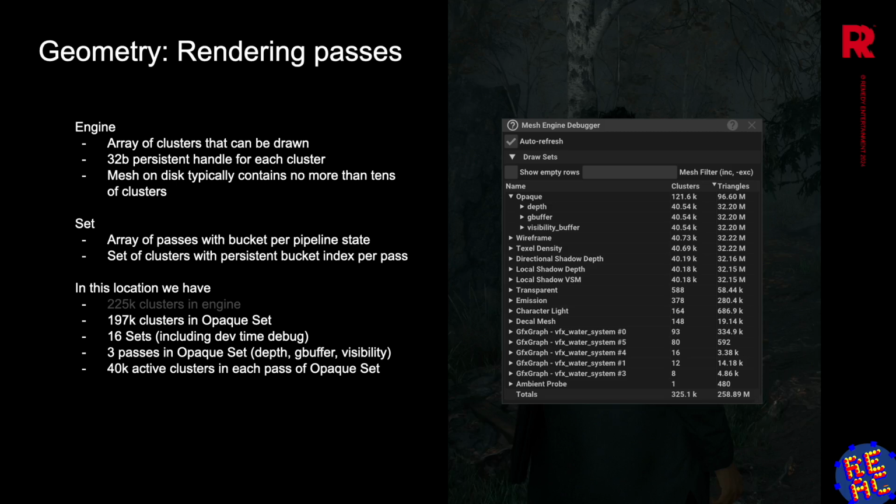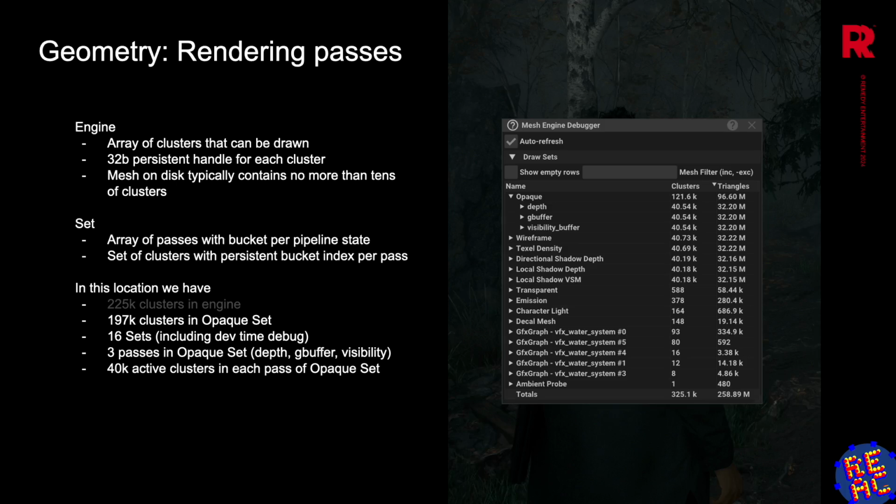Some numbers from the location I talked about earlier. Out of the total amount of 225k clusters, almost 200k are inserted into the opaque pass. And out of these 200k, only 40,000 are active.